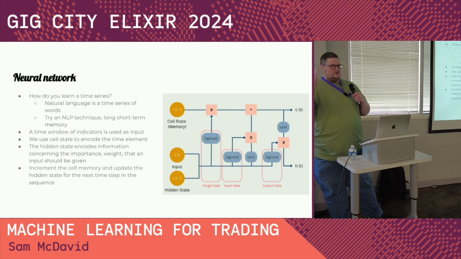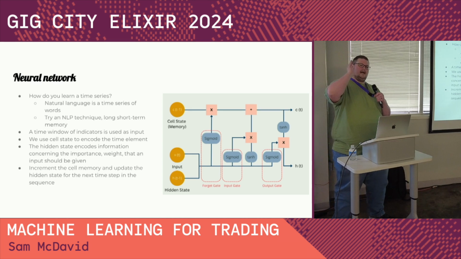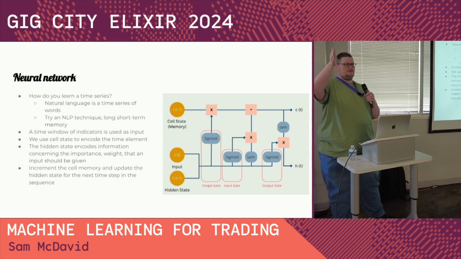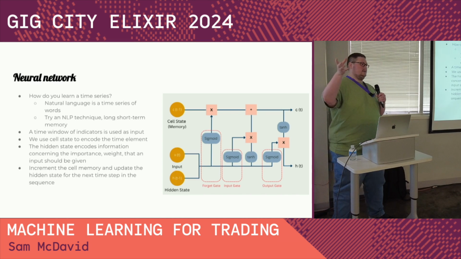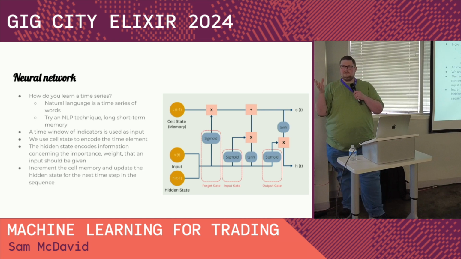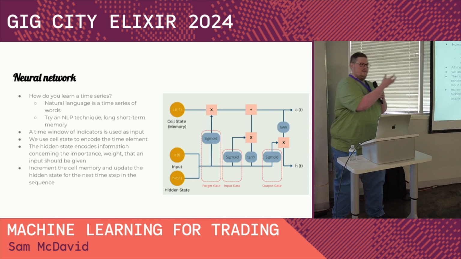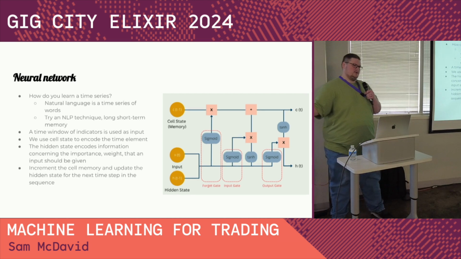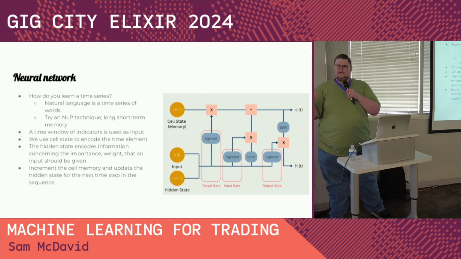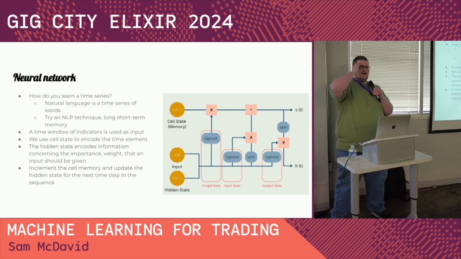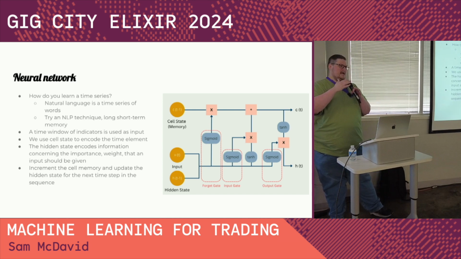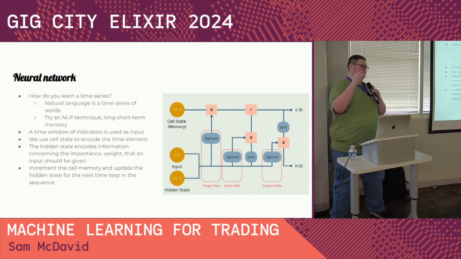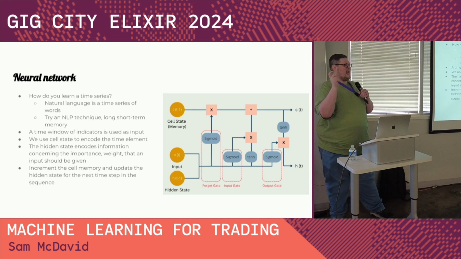As you progress through the LSTM, you're going to get to this first gate that's a forget gate. And what this means is how much do you need to know of the past to be able to predict the future? So the input to this kind of layer is going to be a sequence of vectors, and the forget gate learns how many of those vectors you need to look at.